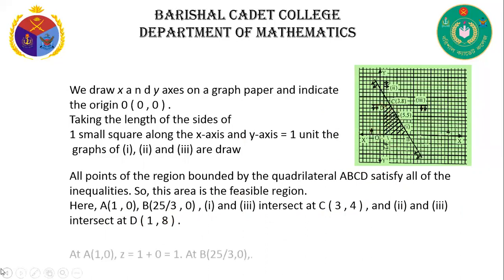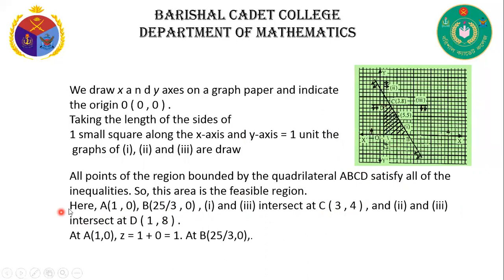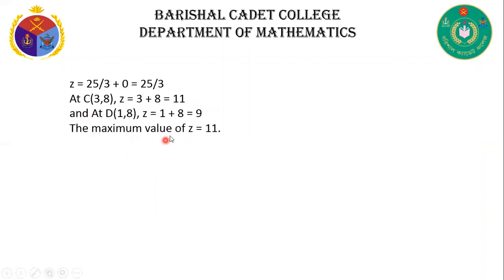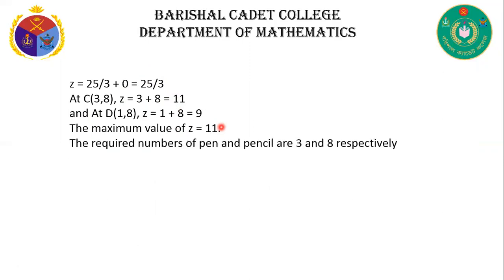Now putting all these 4 points in Z, then A (1, 0) means Z is equal to 1, and B is 25/3, and C is equal to 11, and D means 9. So the maximum value of Z is 11. This is our required answer.